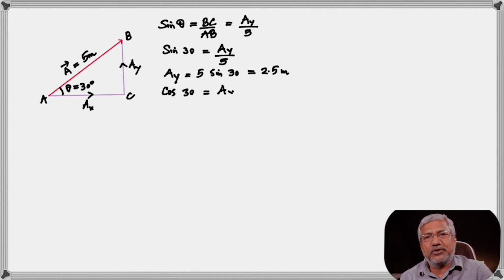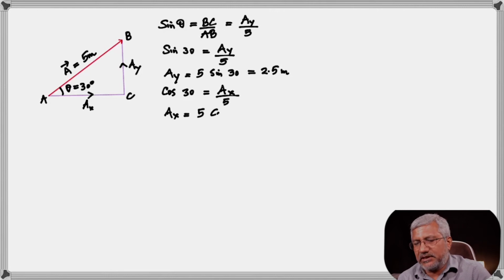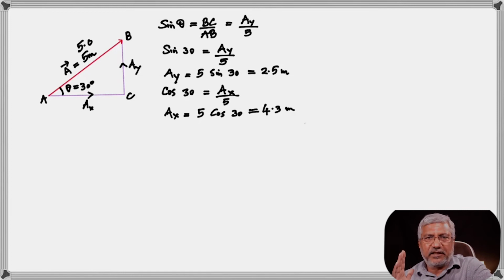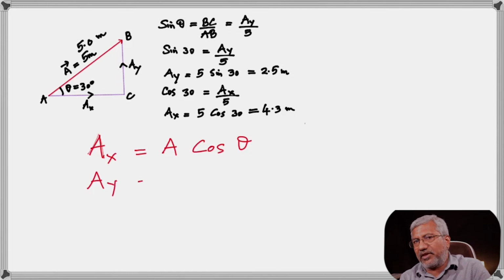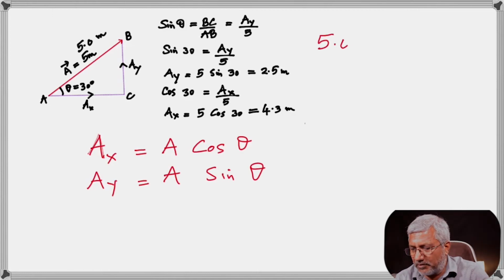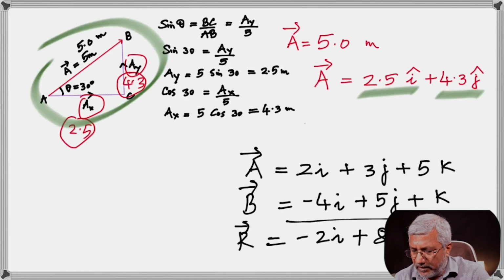And likewise, using the definition of cosine, you can find the x component, which is 5 cosine 30. Generally, the x is going to be cosine and the y is sine, because the angle is usually taken with the x-axis. And once you get that, you can take another vector, do the same with that, add the x's together, add the y's together, and then use the Pythagorean theorem. We've already spoken about that. So let's move on. I've given another example of adding using the unit vector method.